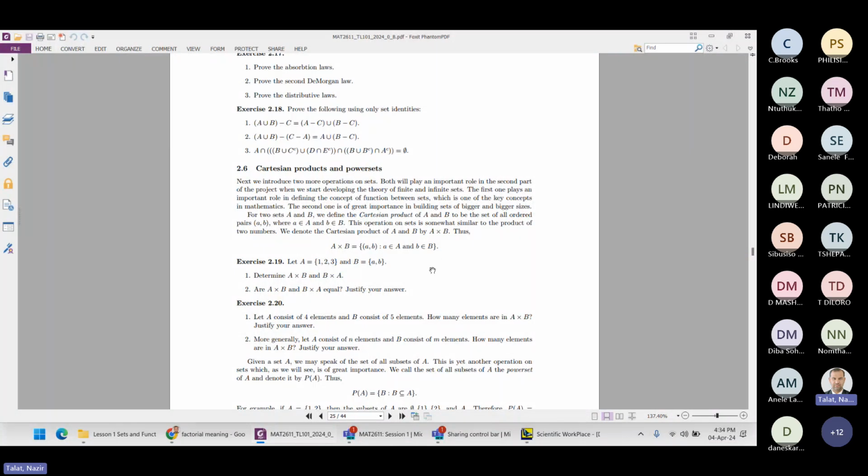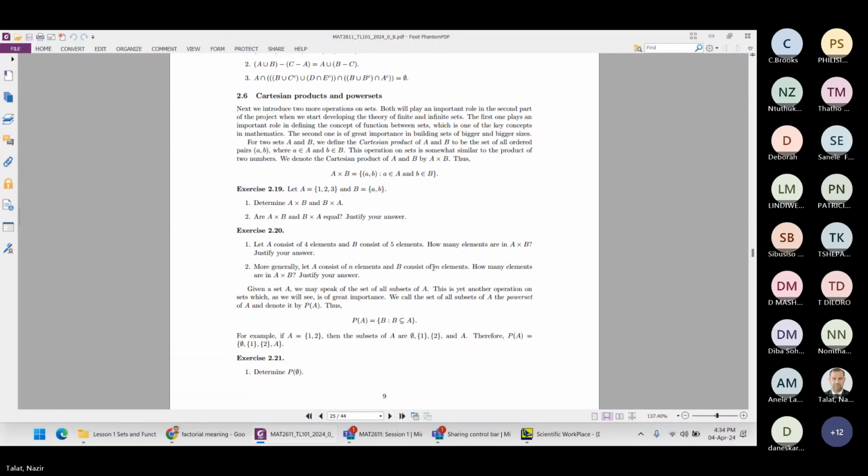So A cross B and B cross A are unequal. Now, how many elements? If A contains n elements and B contains m elements, then A cross B will have n multiplied by m elements.